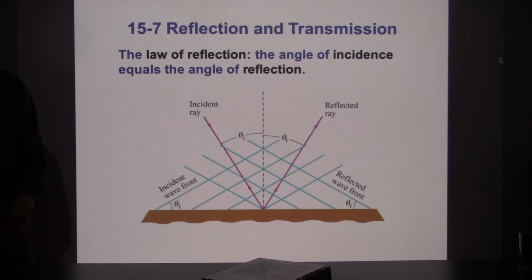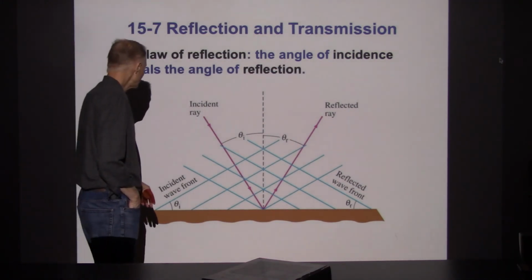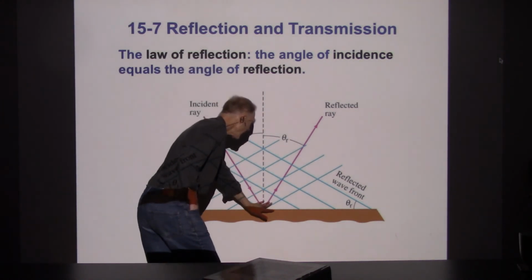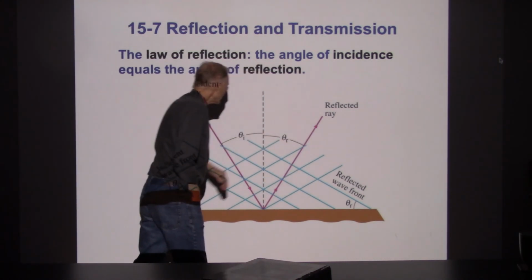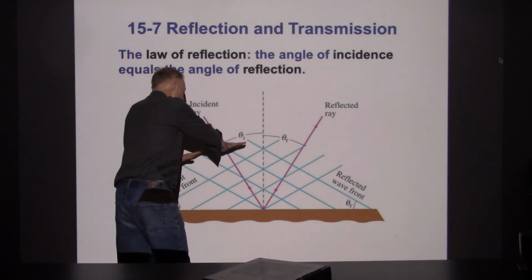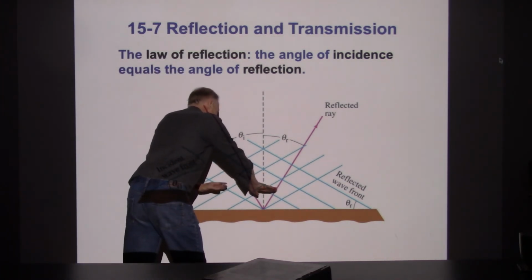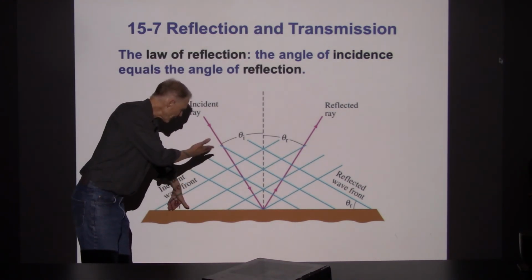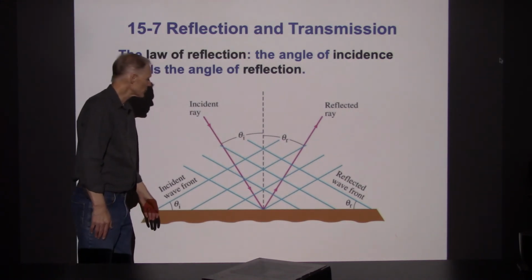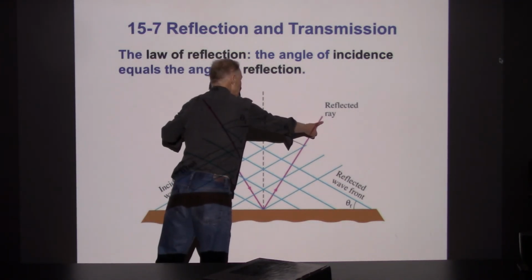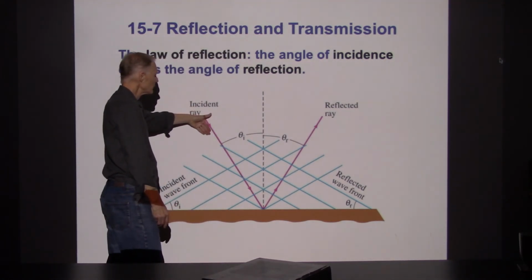We also get reflections off of materials, so you can have sound coming in and propagating back. Now what we find is, if we think of this in terms of the wavefronts, here's a series of wavefronts reaching the surface. Notice that this portion of the wavefront reflects first, and as a result, what we can show is that the angle of reflection matches the angle of incidence.